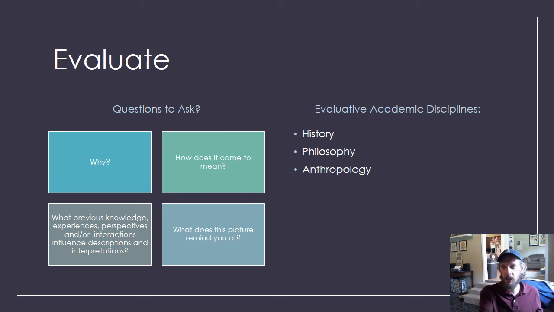That's why the academic disciplines that involve evaluation are history, right? To understand the history of that flag, of that image, of the myth of America, of the promise of it, of whatever you're looking at. Philosophy, how do things actually work?